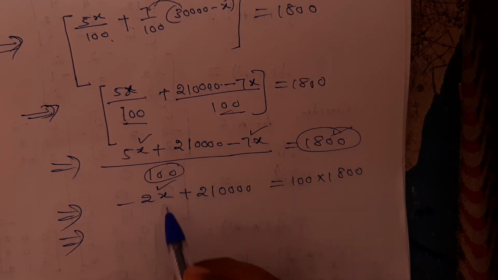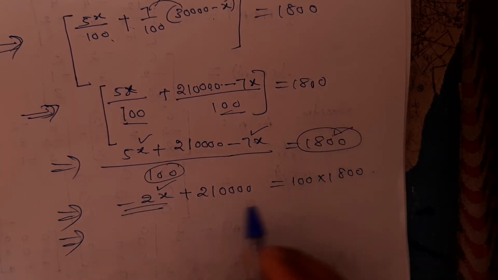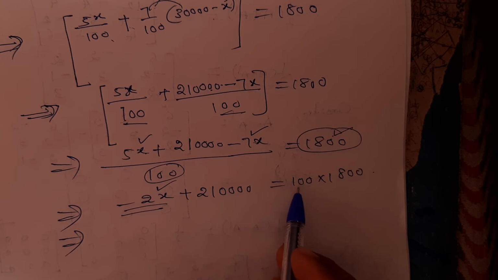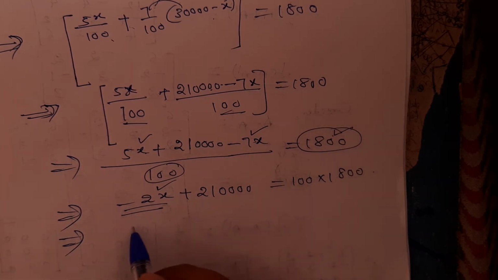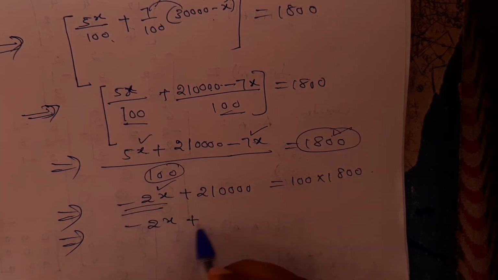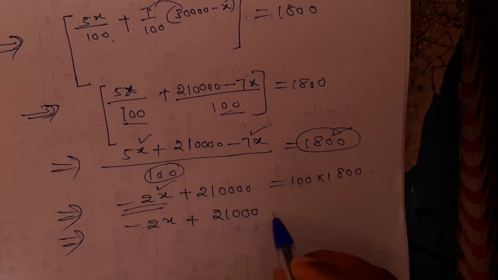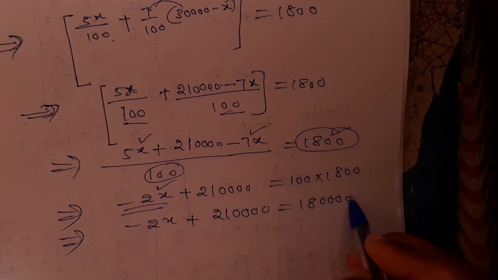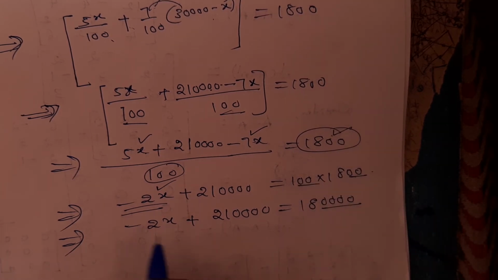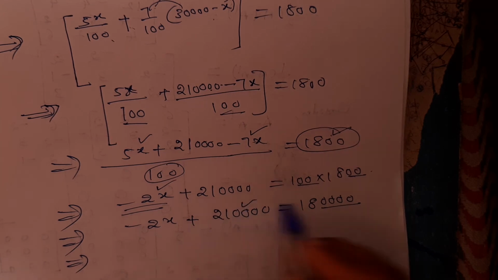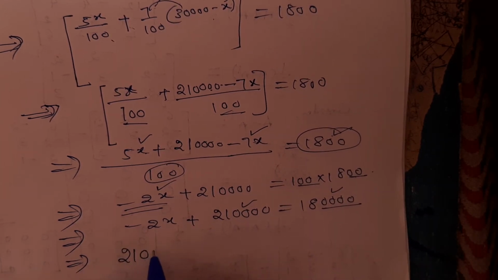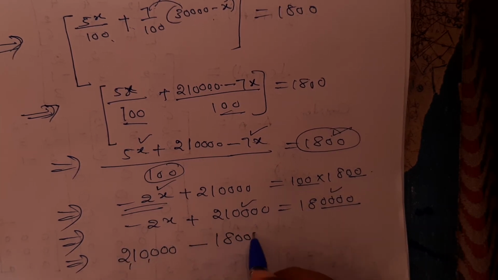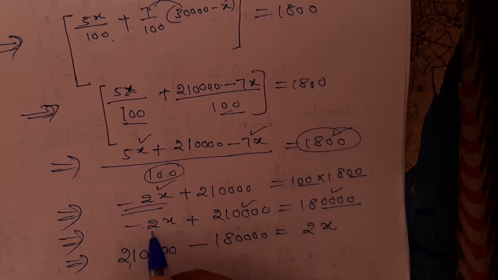Then we have to solve for x, so shift this to the right hand side. 100 into 1800 is 1,80,000, so I shift 2,10,000 across and 2x comes to the right hand side.